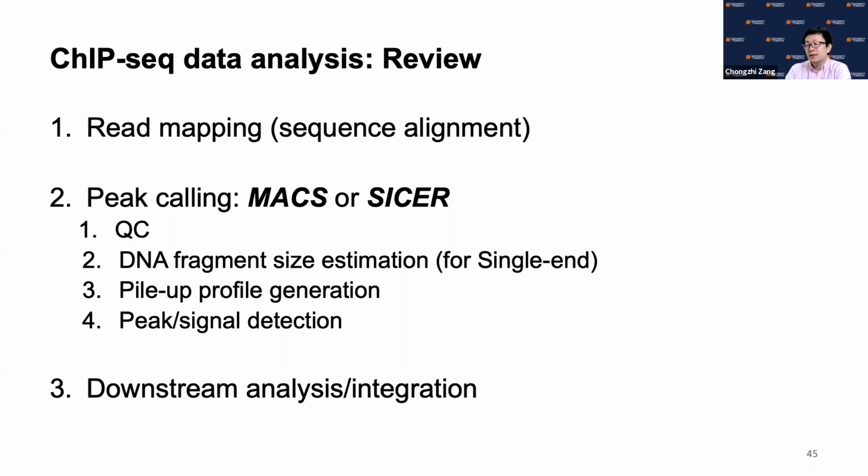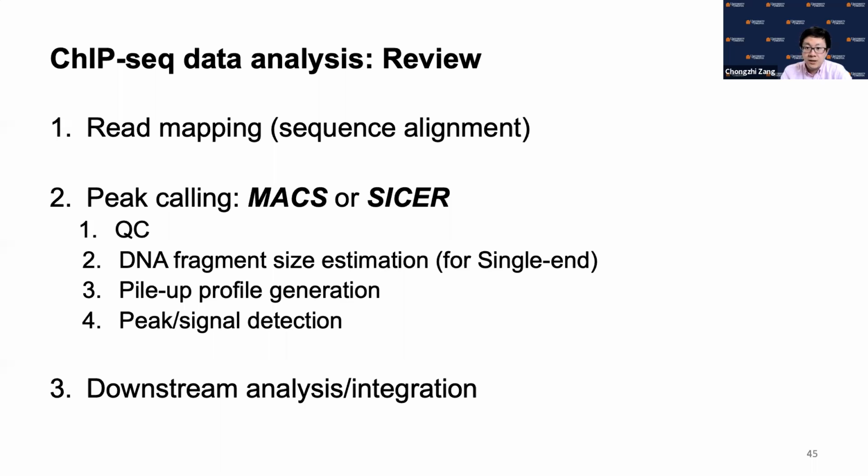And next, having the transcription factor binding sites or histone modification enriched regions available from ChIP-seq experiments, we need to do downstream analysis to make sense of the data, to find the real function of the data. So only having the information of where these transcription factors bind is not enough to explain biology.